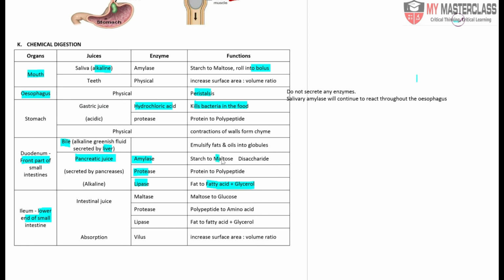So we have got maltose that is left behind, that is broken down by maltase to the simplest form, which is glucose. Okay, polypeptides will be further broken down to amino acids. Okay, and the enzyme to break down my fats will still be lipase itself. Now the ileum, which is the lower part of the small intestine, is responsible for absorption.